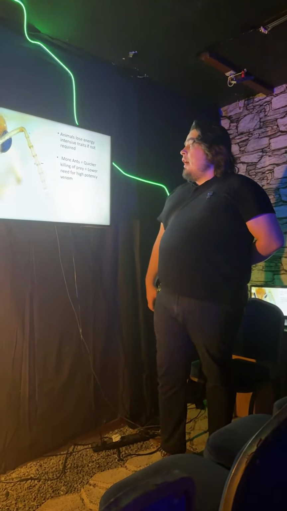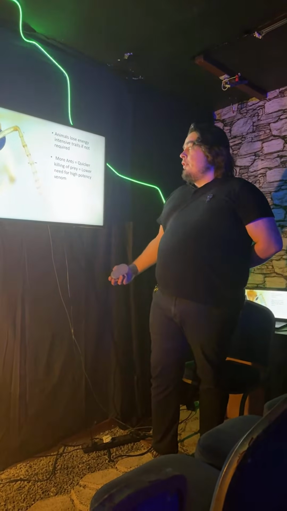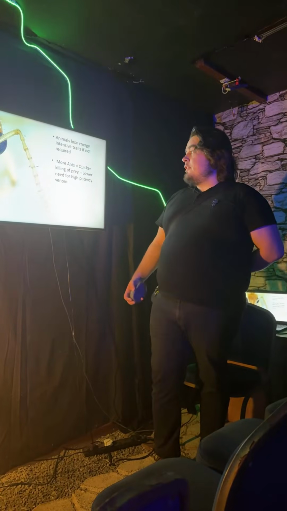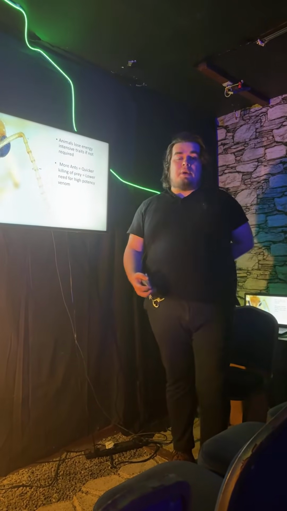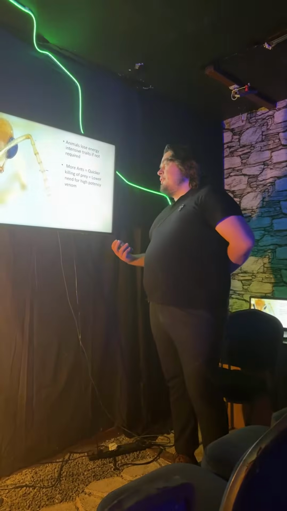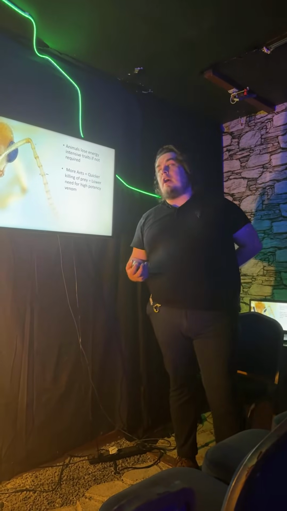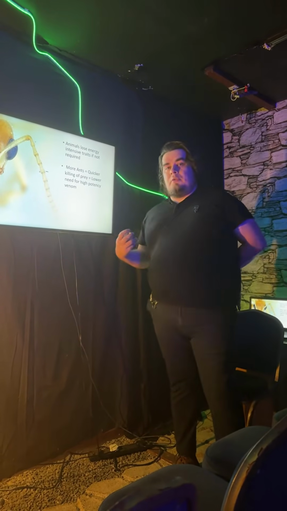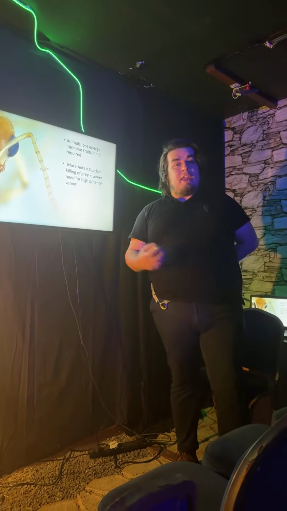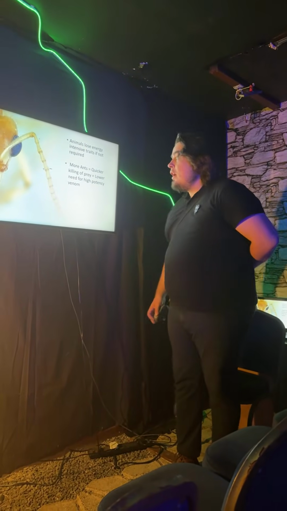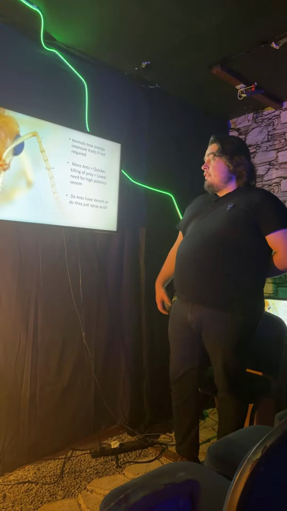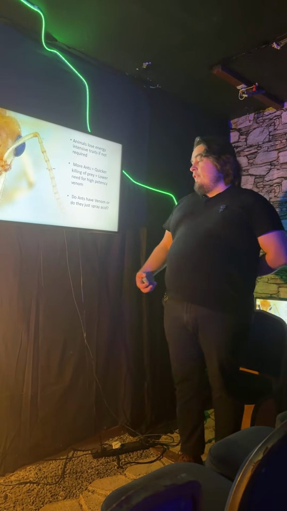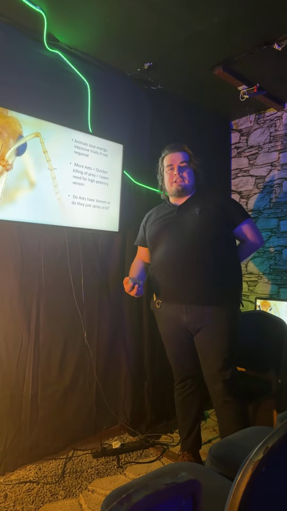And in terms of this with ant evolution, basically one of the things that seems to be present is if you have more ants, it gives you a quicker ability to kill prey, and therefore you don't need a high potency venom if you have venom at all. But that did lead us to the question of, do ants have venom or do they just spray acid?